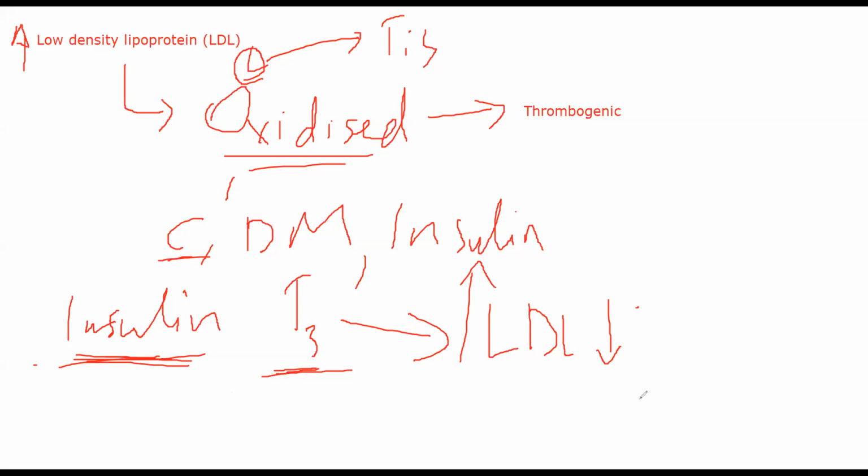Now coming to HDL, high density lipoprotein. This fellow is your conventional good cholesterol, because one thing is it is the smallest particle of your lipoproteins. It is very small and it is very dense.